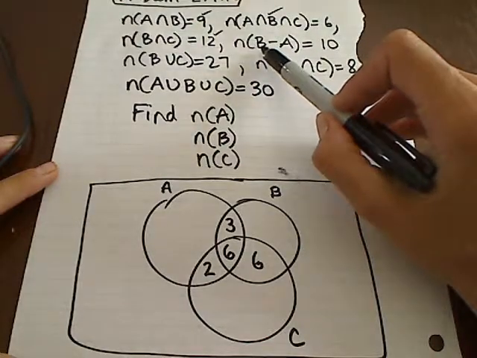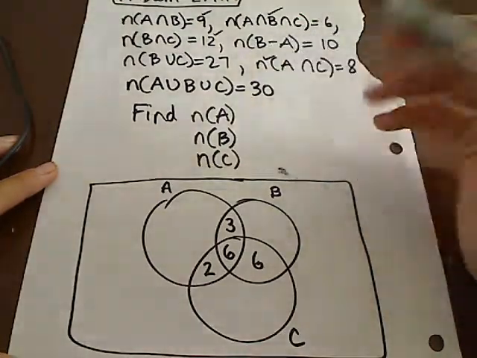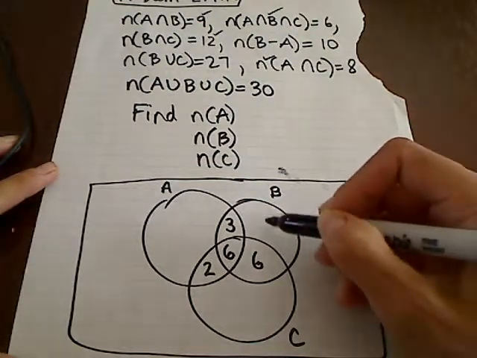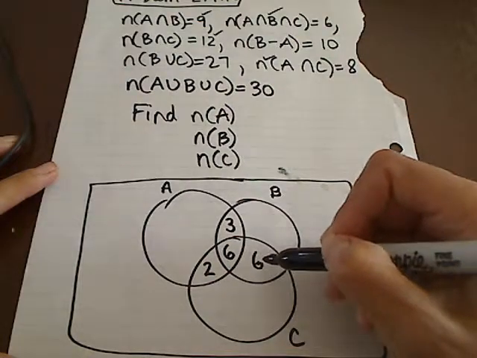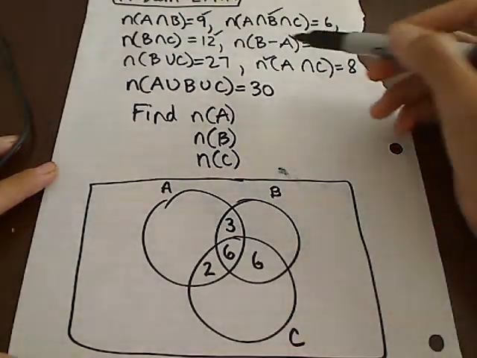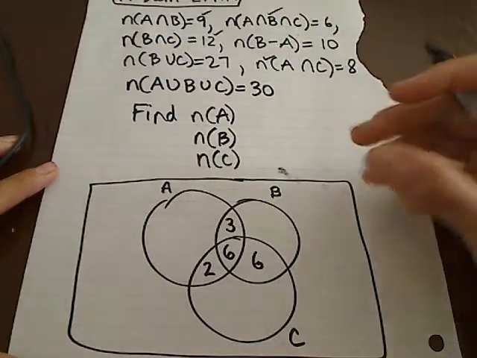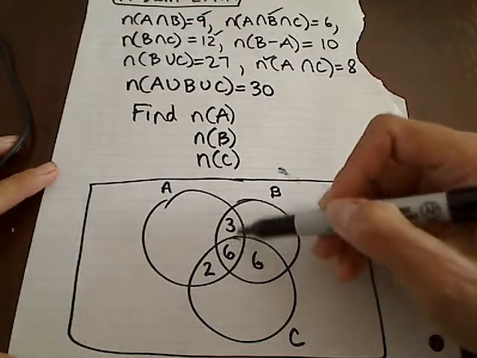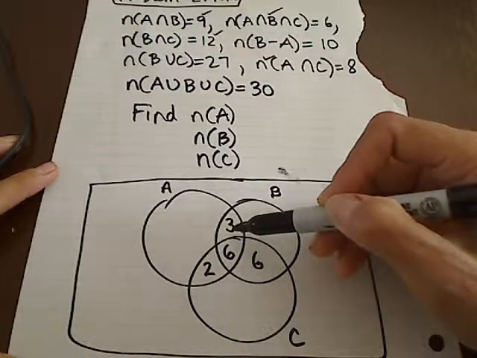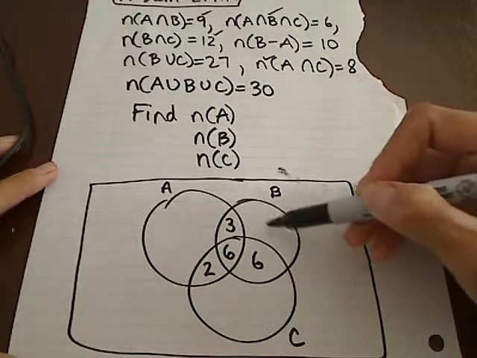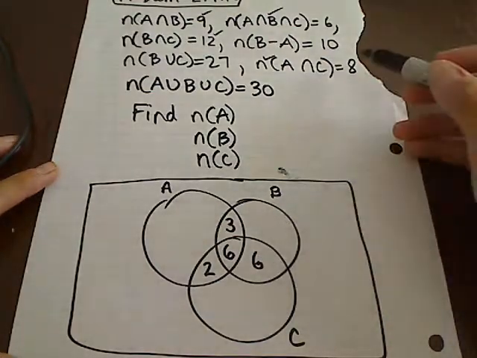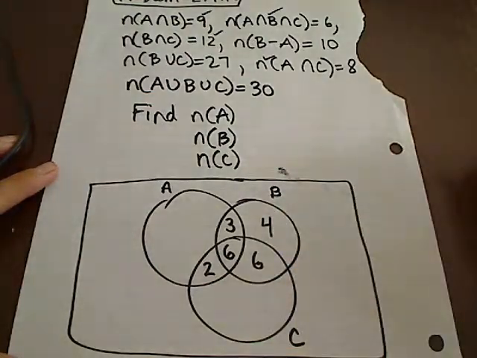B minus A includes this region and this region with the 6, because when you're looking at B minus A, you're looking at the region that is in B but not in A. These two regions are in B, but they're also in A. So if these two have to equal 10 total, then this region must be 4. Now we've used that.